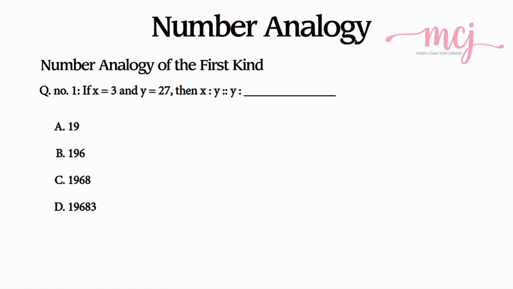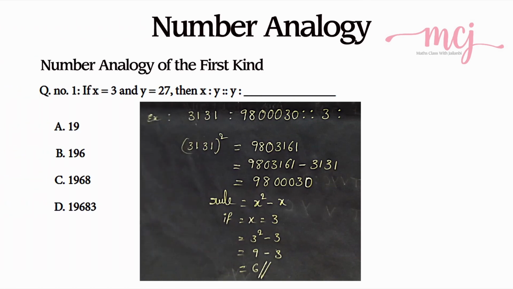Let's solve the problem. As we have done in the previous examples, we first try to find the relation between the two given numbers. Here the two numbers are 3 and 27. We see that 3 into 3 into 3 is equal to 27. In other words, 3 cubed is equal to 27.